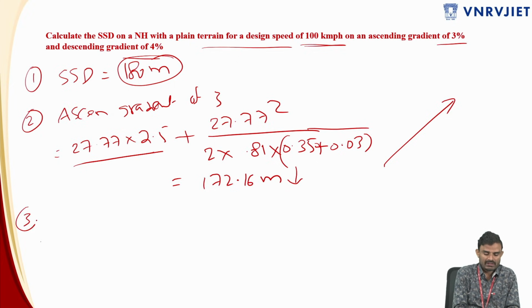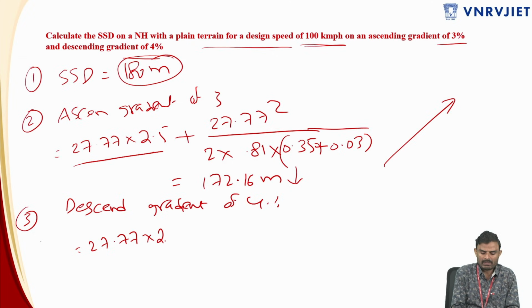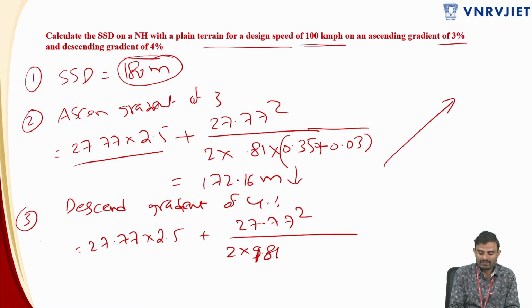And now we look at the third condition, a descending gradient of 4%. You are going to have the same value in terms of lag distance, 27.77 multiplied by 2.5 seconds, plus 27.77 whole square, V square, divided by 2g, where g is 9.81, multiplied by f, 0.35, minus, as I told you, for a downward or descending gradient you have to take the negative sign, f minus n, 0.04.